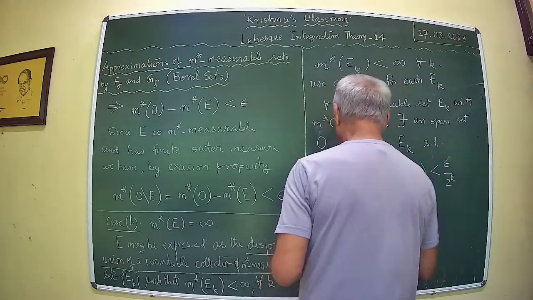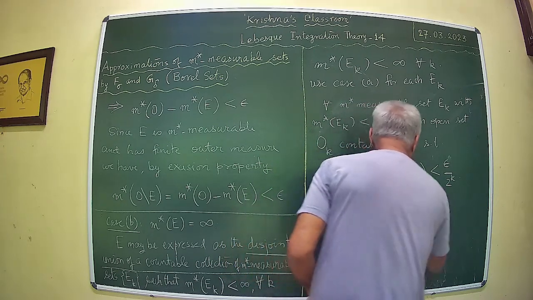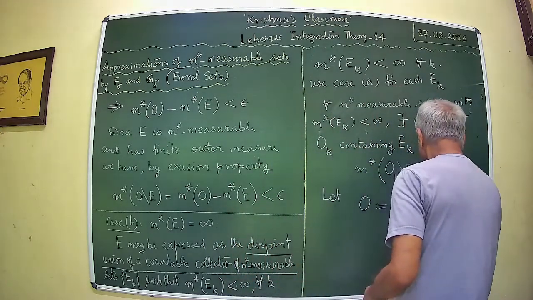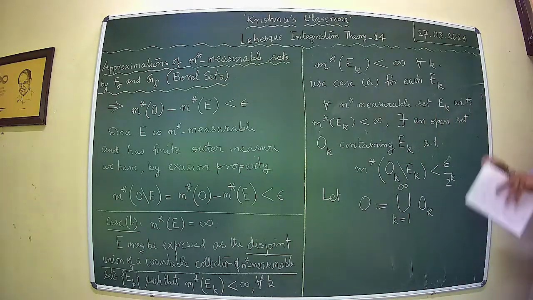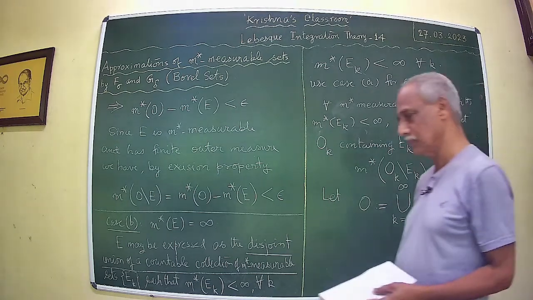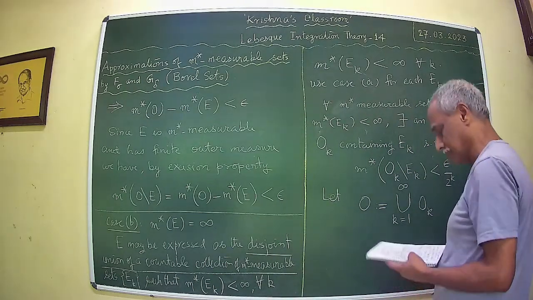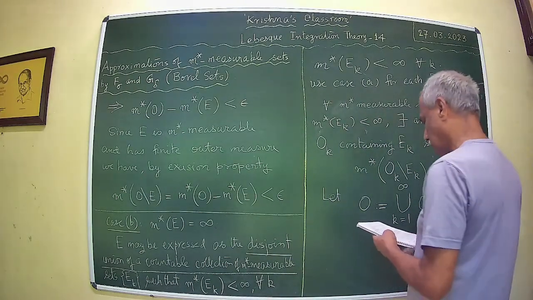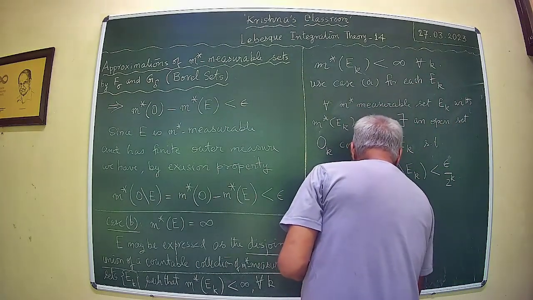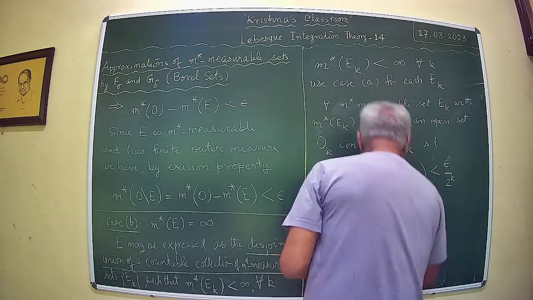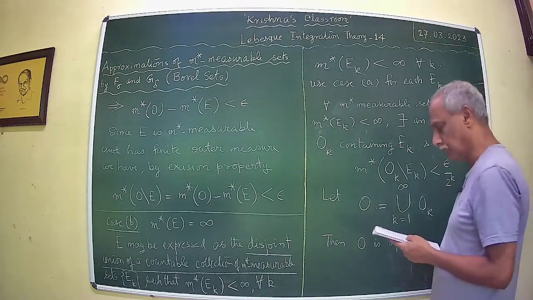Now let O be defined as the union of the O_k. Each E_k is enclosed inside an open set, and each of these will naturally be of finite outer measure. Then O is open because it is the union of open sets, right?